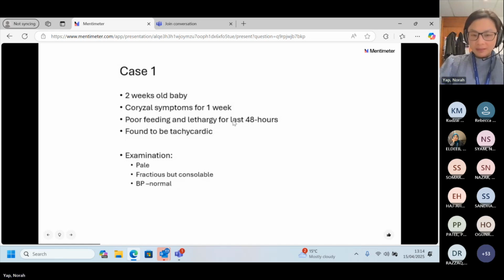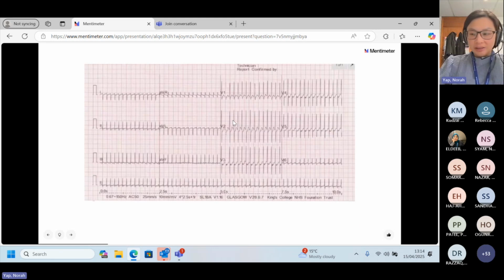So this is the ECG. For timing's sake, I'm going to describe the ECG for all of you, and then I have a question coming up after this. It's a regular tachycardia at the rate of 250 to 270 beats per minute, so a narrow complex regular tachycardia.